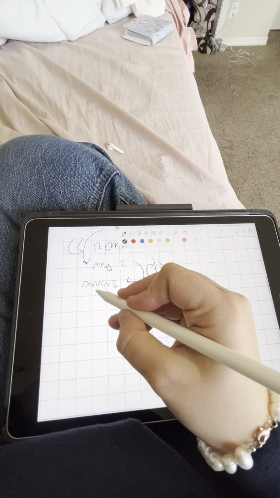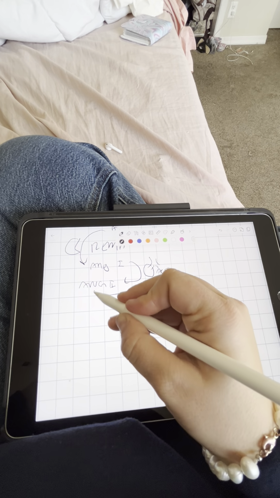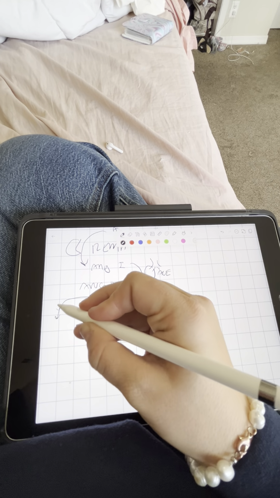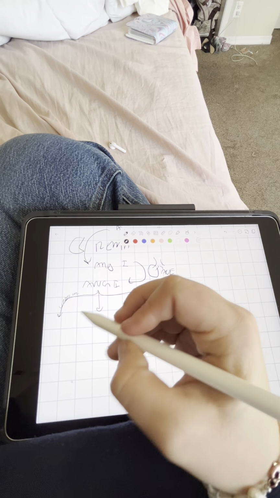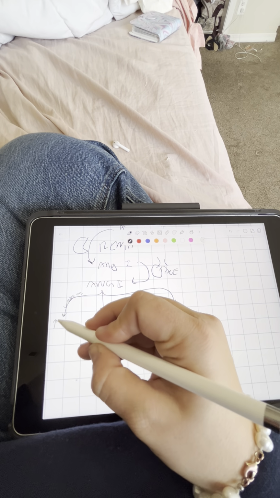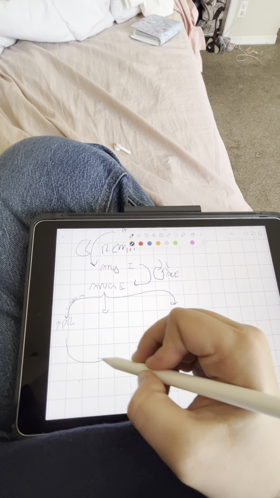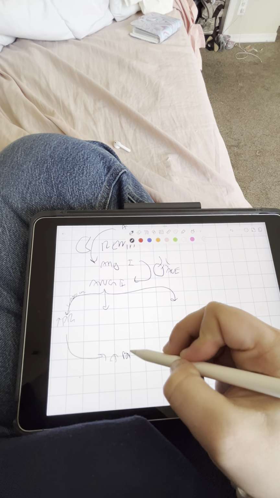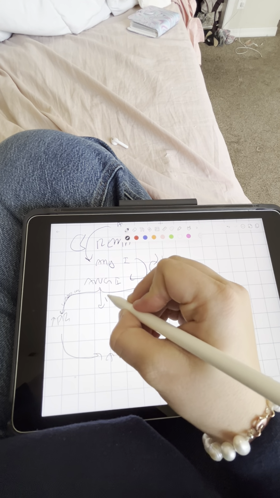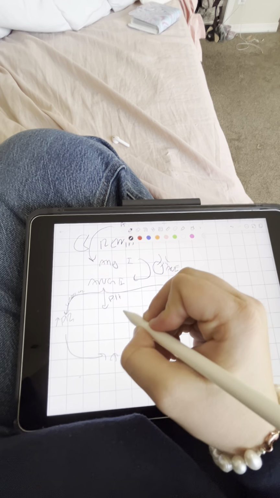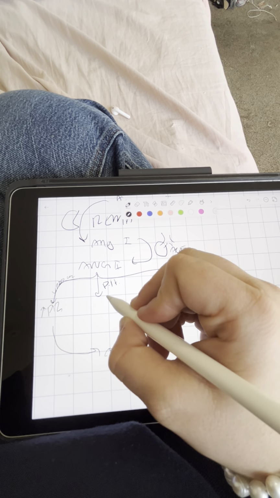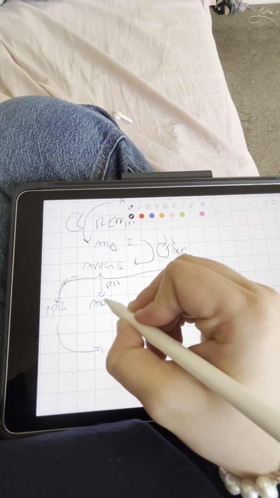Angiotensin 2 is then going to do a couple of things. It's going to cause vasoconstriction, that's the vasopressin, which is then going to increase your peripheral resistance, which will then increase your blood pressure. It's going to go to your pituitary gland, and in your pituitary gland, it's going to release ADH.